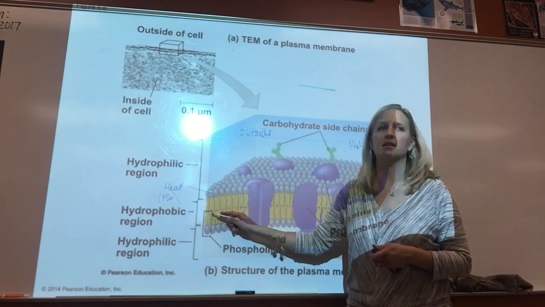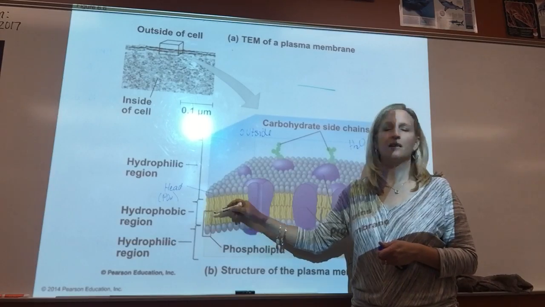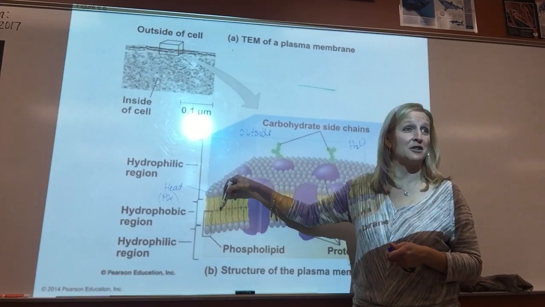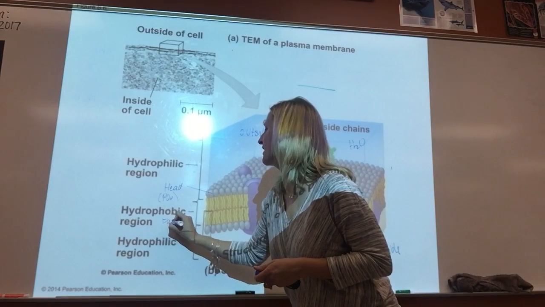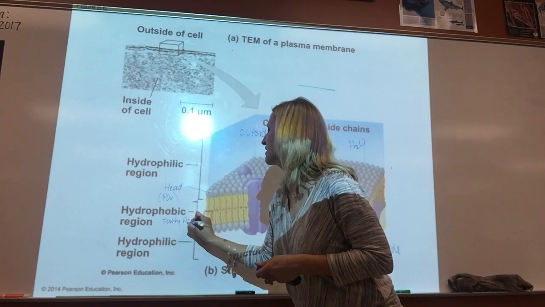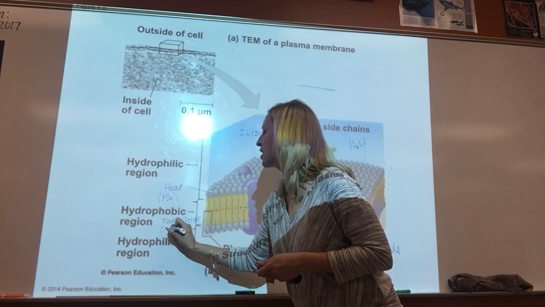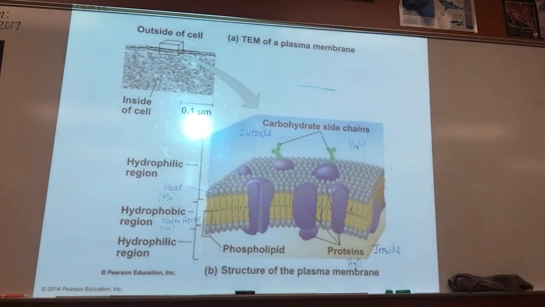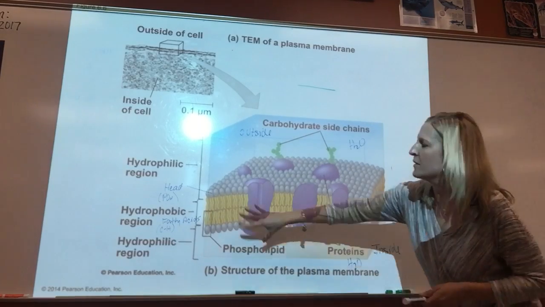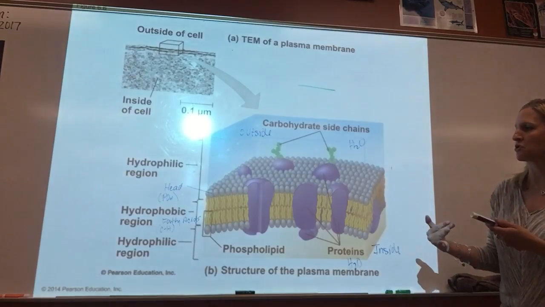Why? Because what are these? These are the fatty acids, right? And the fatty acids are made out of basically carbon and hydrogen, which makes it nonpolar, which means it's hydrophobic. All right, so just a quick little review there. So that's why we have that lipid bilayer and why it's constructed that way.